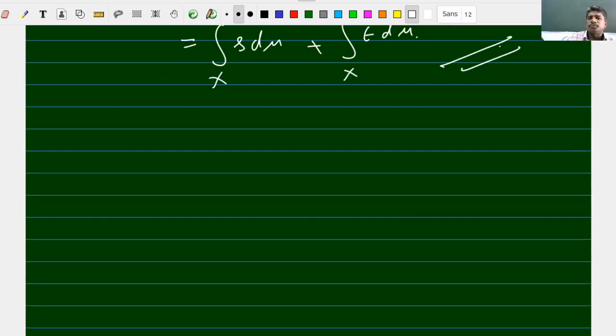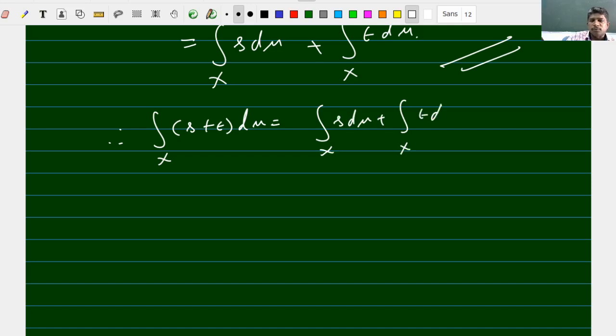So we can add the integrals of two functions; we get therefore integral over X of s plus t d mu equal to integral over X s d mu plus integral over X t d mu.